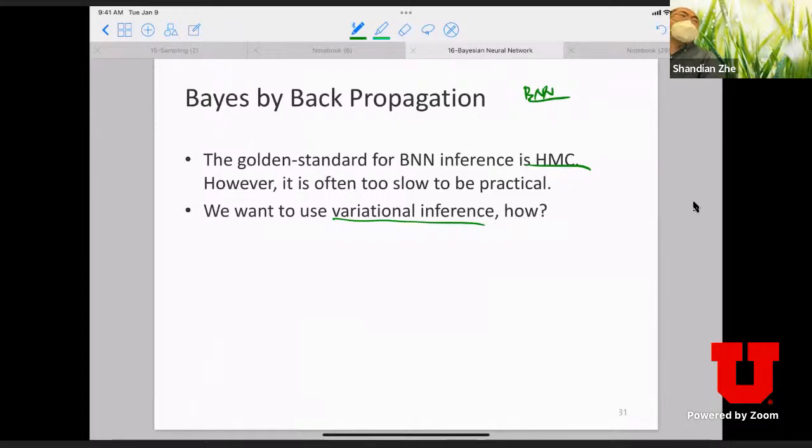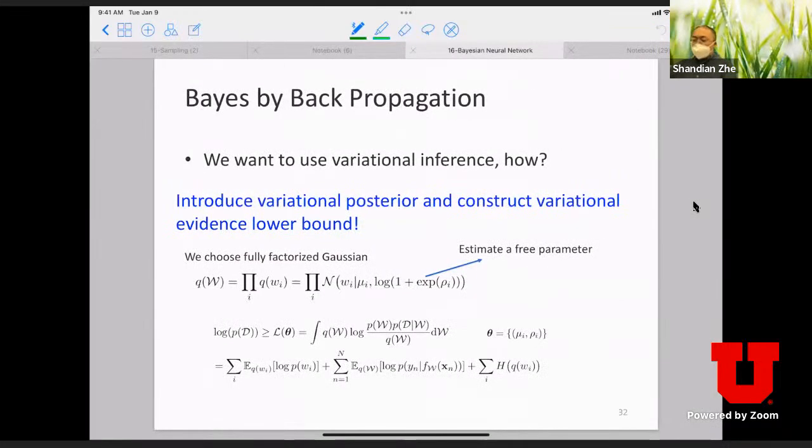The problem is how can we apply variational inference? First, as we discussed before, to perform variational inference, we need to introduce an approximation of the posterior, which we call the variational posterior. Using that variational posterior, we construct a lower bound of the model evidence.